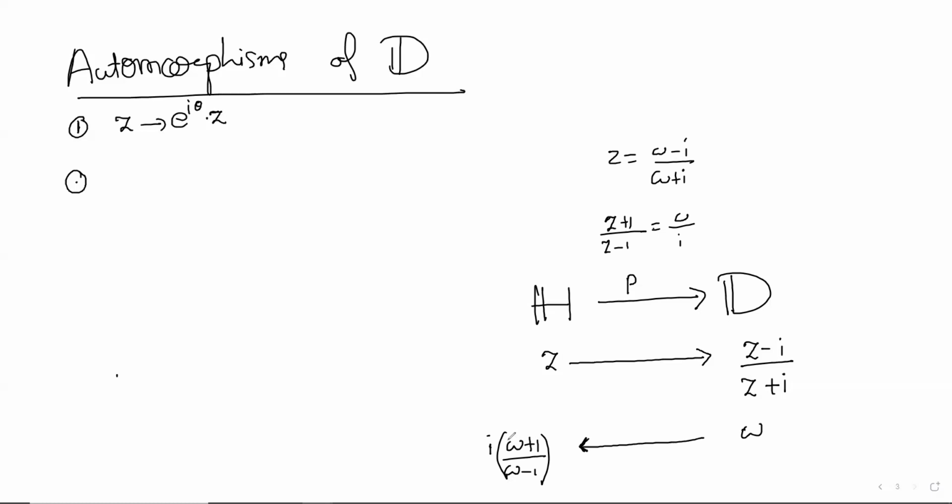Is the inverse correct? I think so, like we will be getting wi minus i in the denominator. So the inverse is (w plus 1) over (wi minus i).